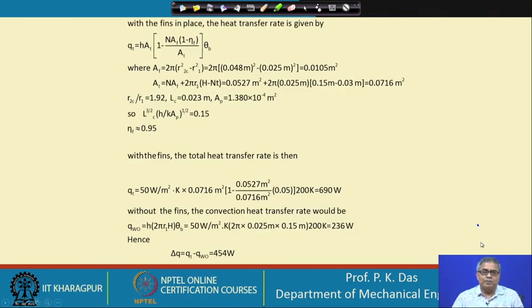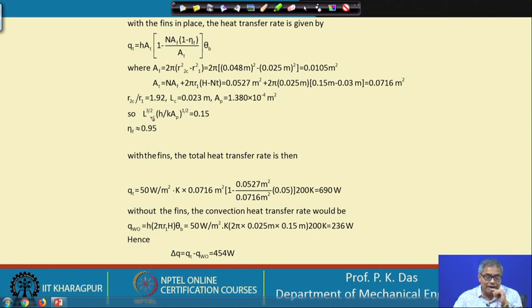So, now it is simple calculation, even without my intervention you can understand what the calculations are. With the fins in place, the heat transfer rate is given by this, so this is the heat transfer rate given by your fins, and where AT is the total area, and then there are certain calculations which have been done here.